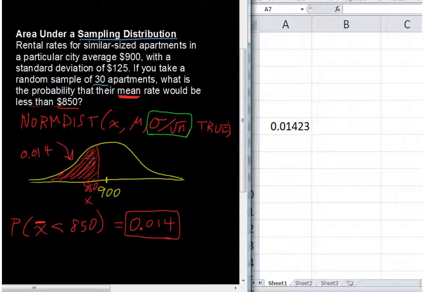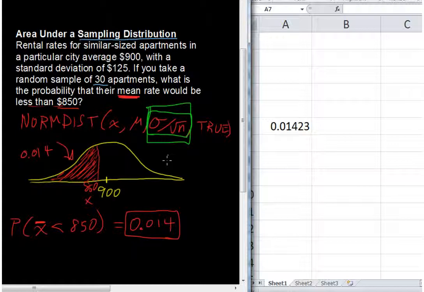Now, why is it so much smaller? If we did just the standard deviation here, just the 125, we would get a much larger number for this area. Well, the reason is because when you take a sampling distribution, you are making this standard deviation a lot smaller, because you're taking a sample of size 30 in this case.